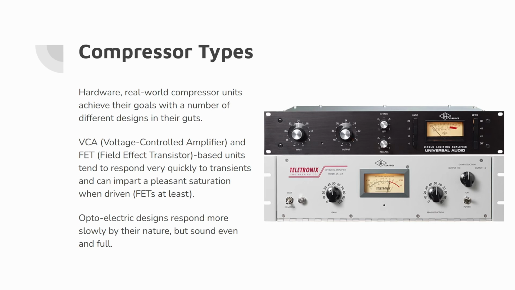Down here is another very famous compressor, an LA2A limiting amplifier that uses an optoelectric circuit. So a little light shines and then a little light measurer reacts to tamp that signal down, to tell the unit to do the compression work. It's inherently a little slower to respond.